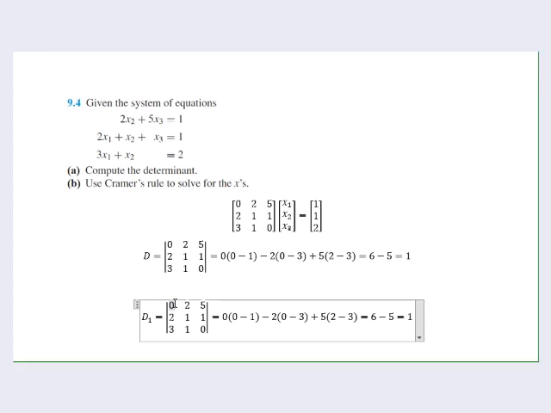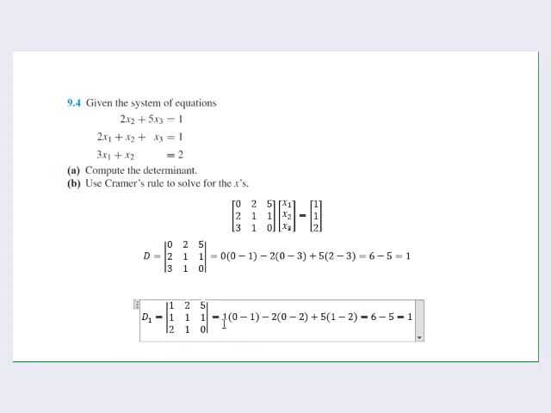So this becomes 1 multiplied by the numbers I have here, minus 2 multiplied by 1 into 0, that's 0, minus 1 into 1 into 2, so that's 2, plus 5 into 1 into 1 is 1, minus 2.